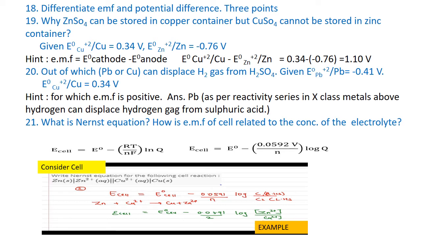Right side and left side means products or reactants, whatever number of ions are in the balanced equation, that will be written as power on the ions.